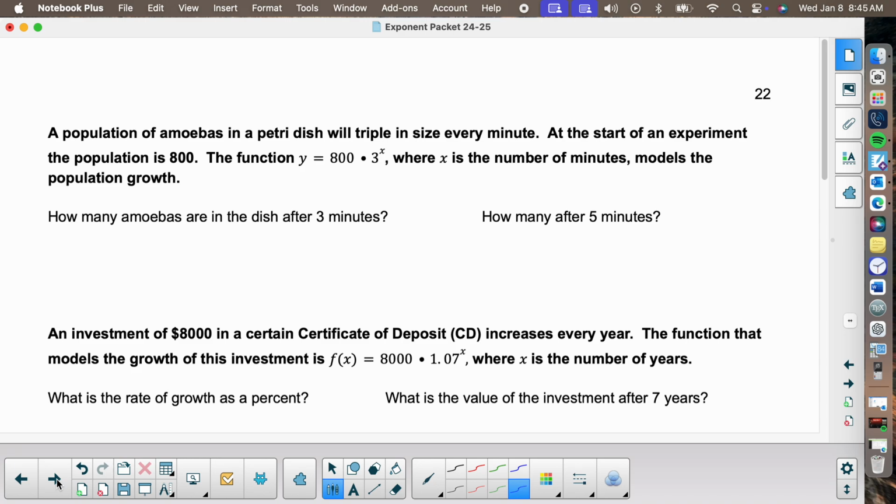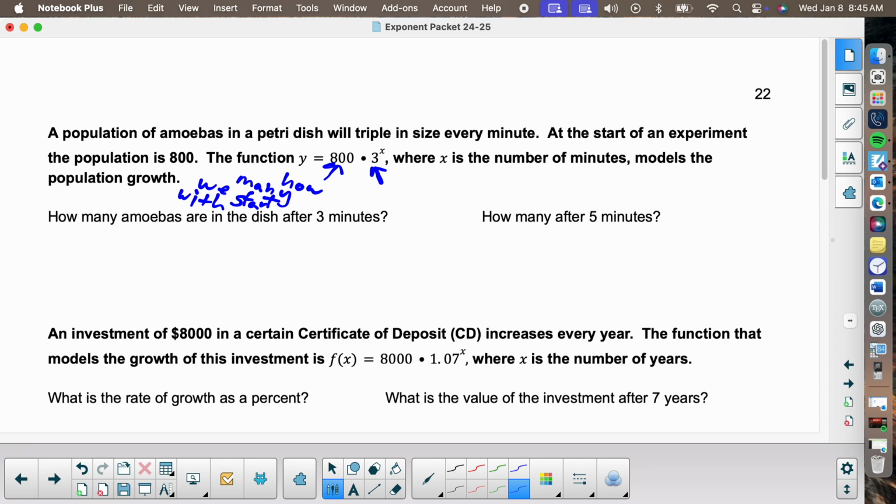So population of amoebas in a petri dish will triple every minute. At the start of an experiment, the population is 800. So that's the equation. 800 is how many we start with. And it says it in the sentence, but if you want to write notes to yourself, not a terrible plan.